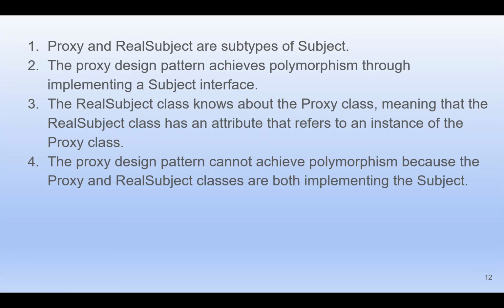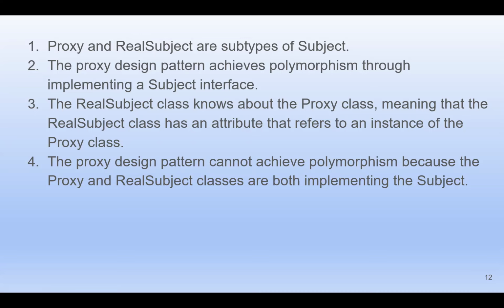The proxy design pattern achieves polymorphism through implementing a subject interface. The real subject class knows about the proxy class, meaning that the real class has an attribute that refers to an instance of a proxy class. The proxy design pattern cannot achieve polymorphism because the proxy and the real subject classes both implement the subject.